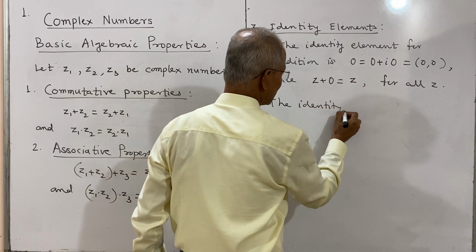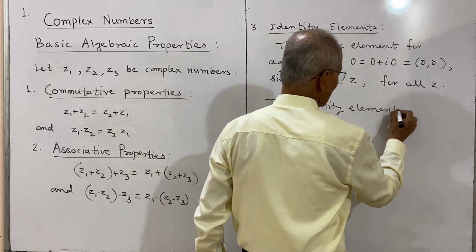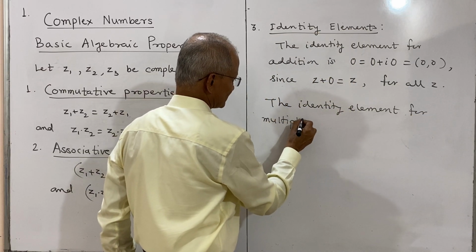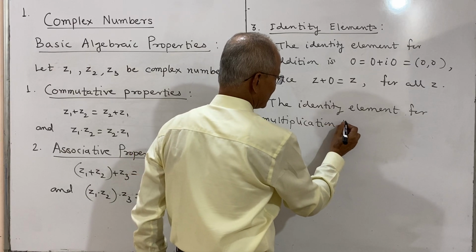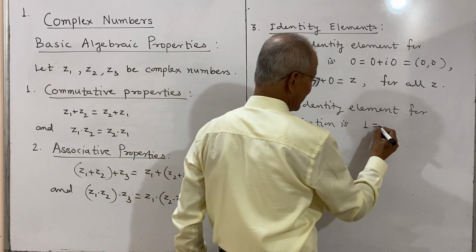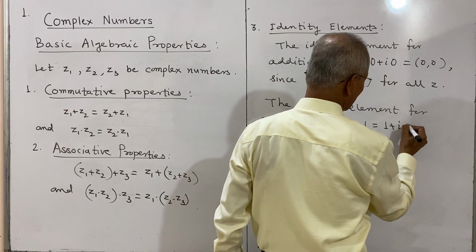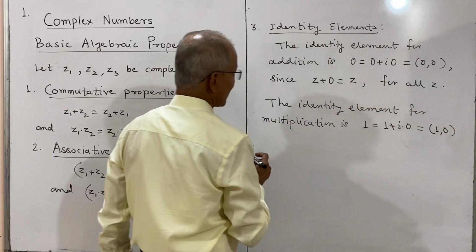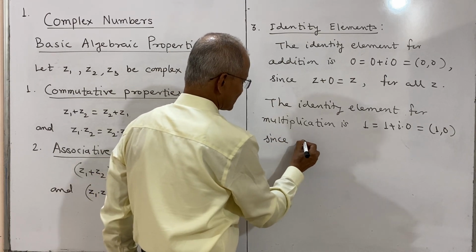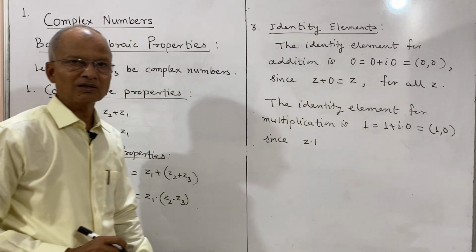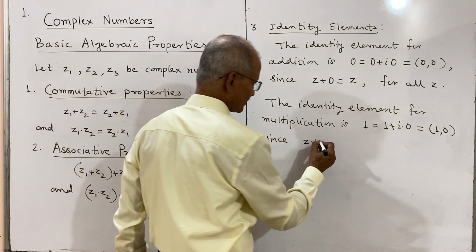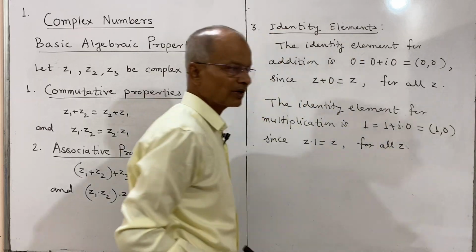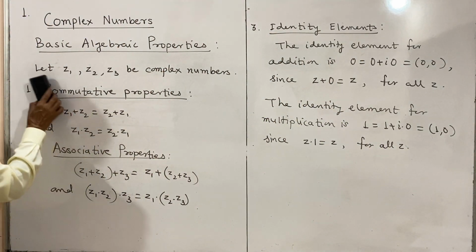The identity element for multiplication is 1, or which may be written as 1 plus i into 0, or it is (1, 0), since we have z into 1 or 1 into z is equal to z for all complex numbers z. So both identity elements exist.